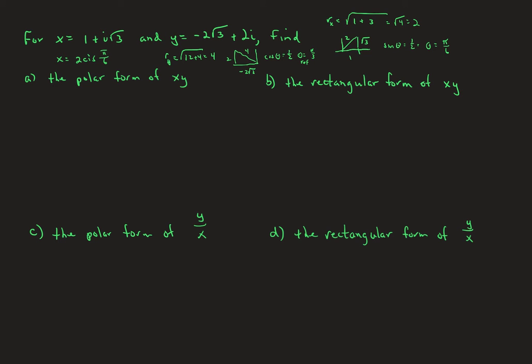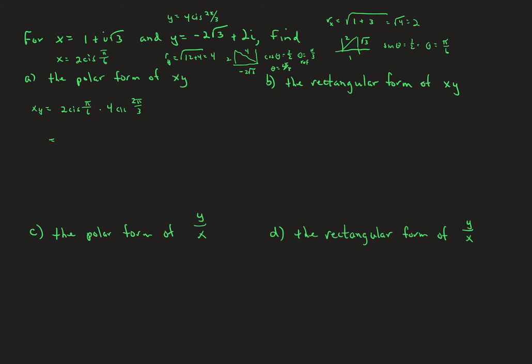But because we're in quadrant 2, that means our actual angle is going to be 2 pi over 3. So y is going to be 4 cis 2 pi over 3. So to find x times y, we're going to get the 2 cis pi over 6 times our 4 cis 2 pi over 3.